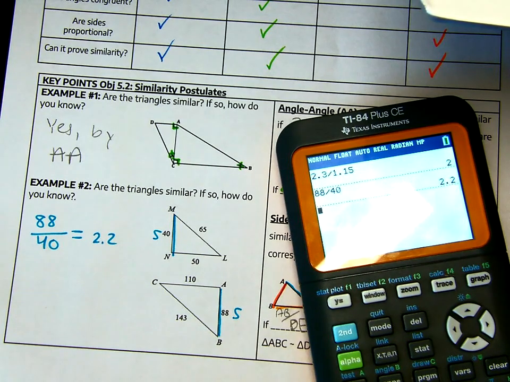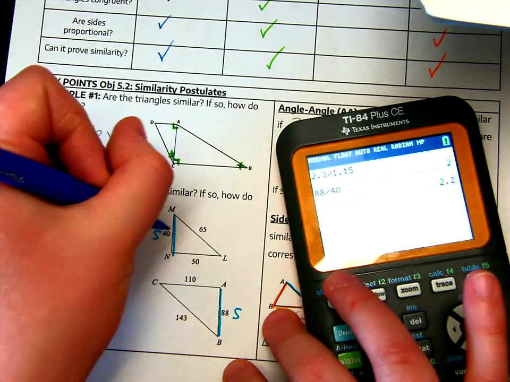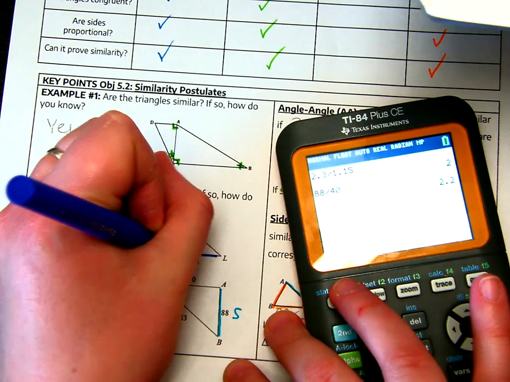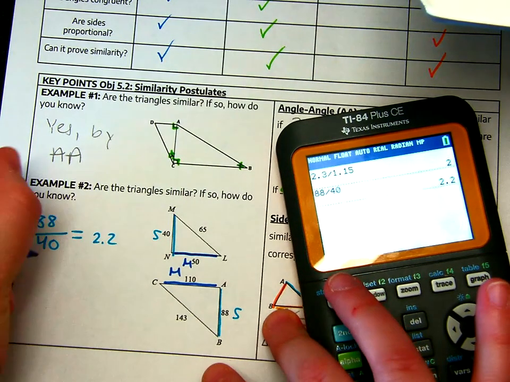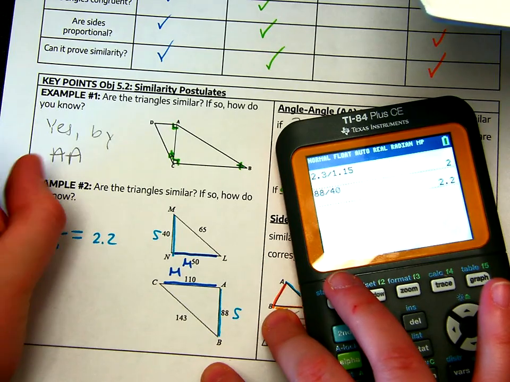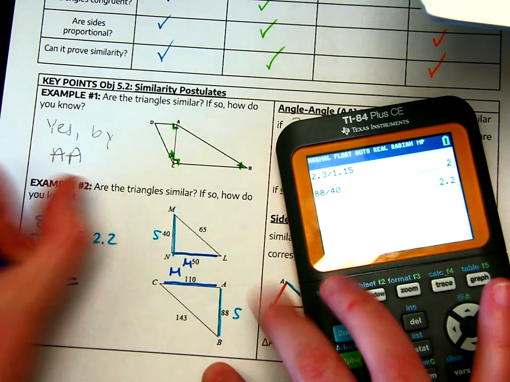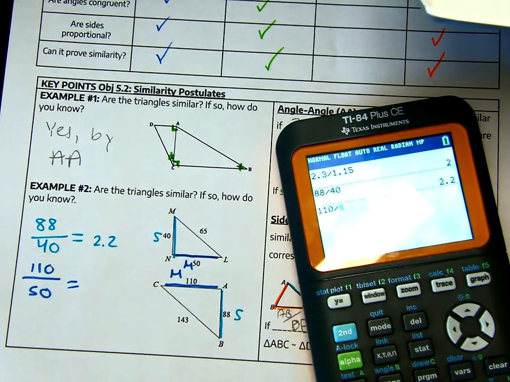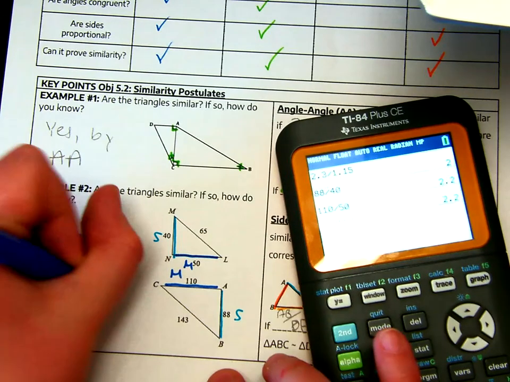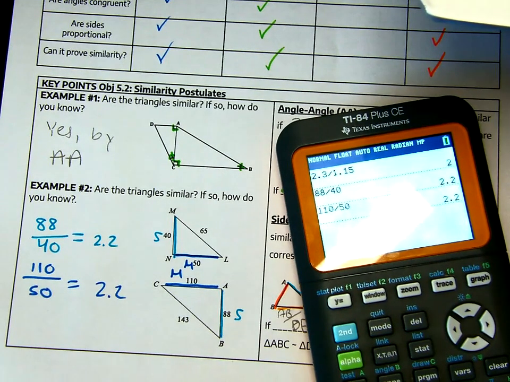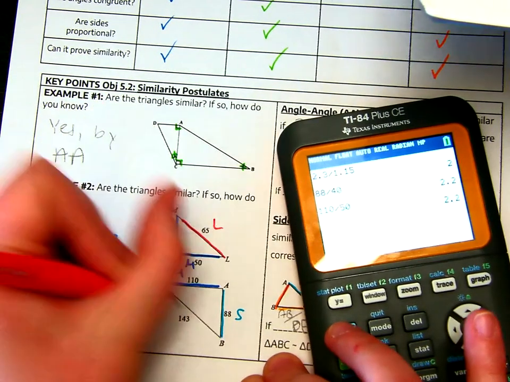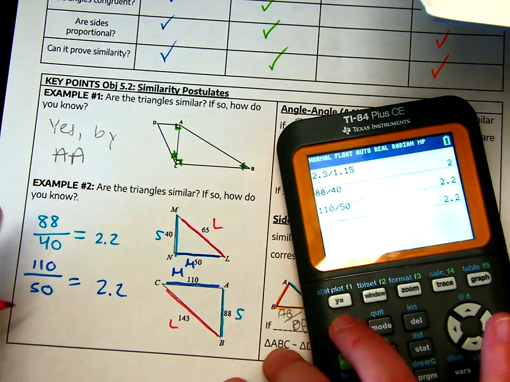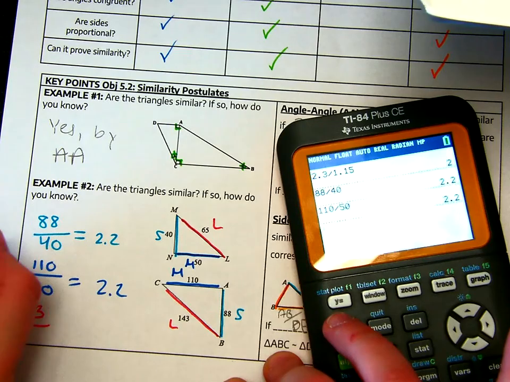Okay, now let's compare the middle side length. So that's 110 over 50. See what I get? Also gives me 2.2. And then let's compare the last, largest side length. So 143 over 65.